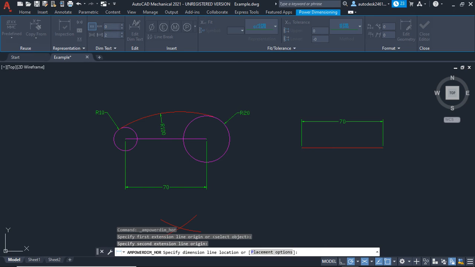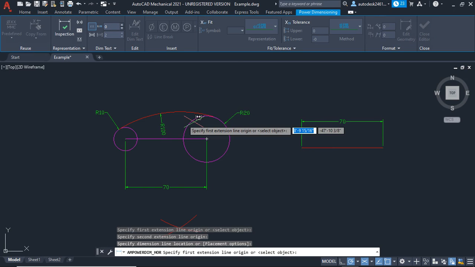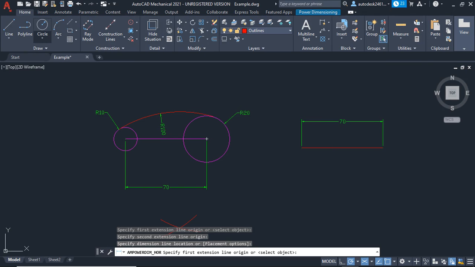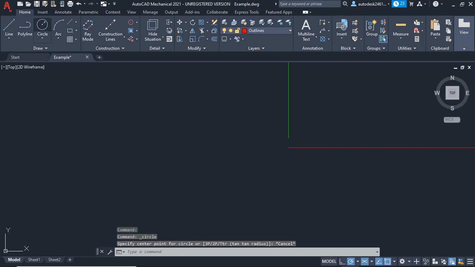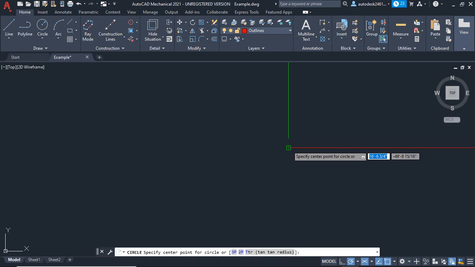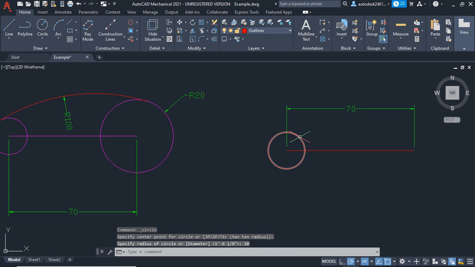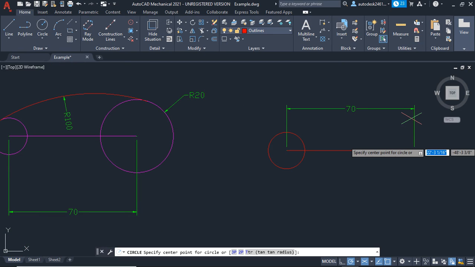And that's 70. So from here I'm going to draw the two circles, and those two circles are, the one to the left is radius 10. Make sure you're on the edge of the line. The one to the right now is radius 20.